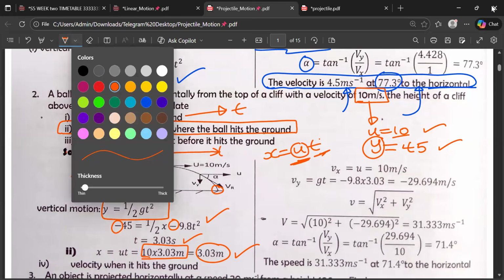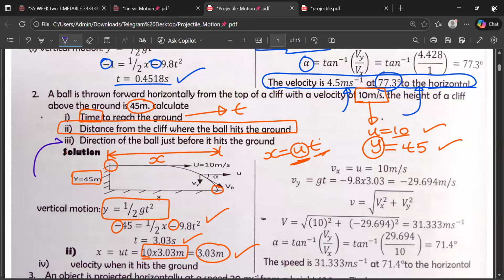Then here they're asking for the direction. And you know what to do for direction. They want alpha. And for you to get alpha, you need Vy and Vx. But all of us know that Vx is always equal to the initial, according to the diagram and also from the first equation. So it is 10. Then Vy, we just obtain it using this formula, which we derived, and it was equation 3. Why are they putting a negative? Because it is facing down.